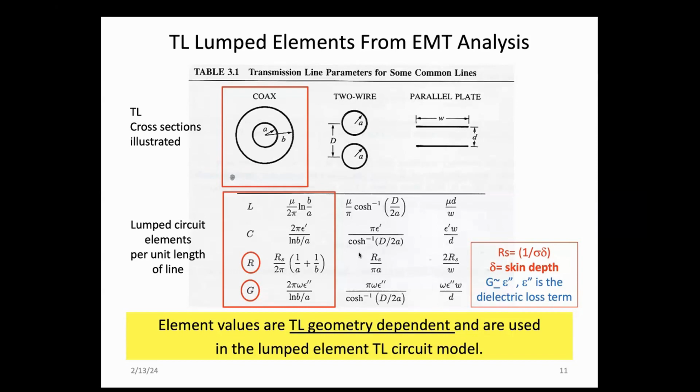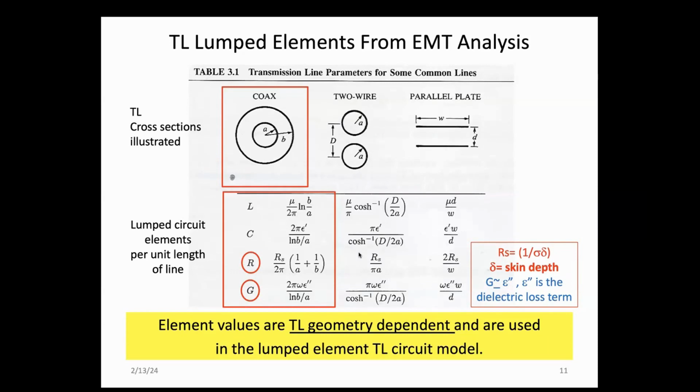The parameters that are circled here, R and G, are the villains tonight. Those are the characters that are responsible for loss. We're going to look at that in a moment. But notice that the conductor resistance per unit length is related to this quantity R sub S, and R sub S is in turn related to 1 over this squiggle, which is the Greek delta, and it is called skin depth.